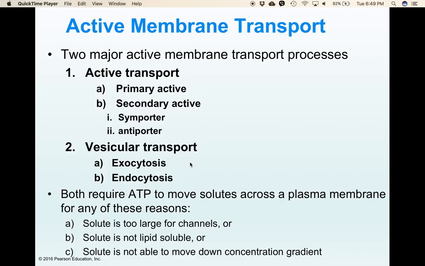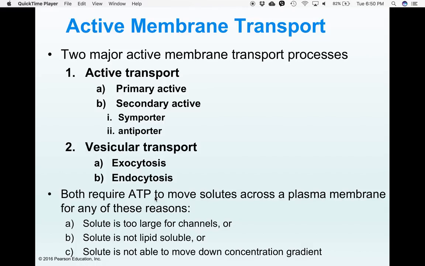The second is vesicular transport, of which we're only going to talk about two types, even though there are others such as pinocytosis and phagocytosis. We're only going to focus on exocytosis and endocytosis. Understand that any of these scenarios described on top require ATP for the process to be carried out and for molecules to cross the plasma membrane.